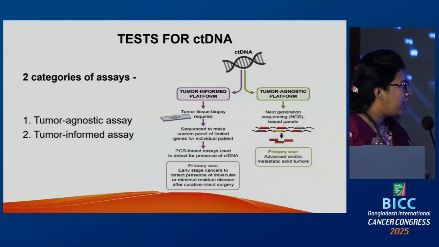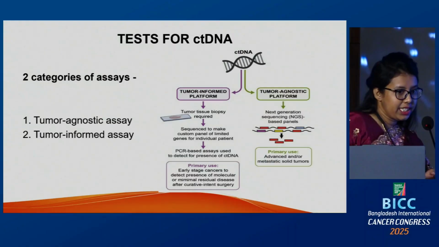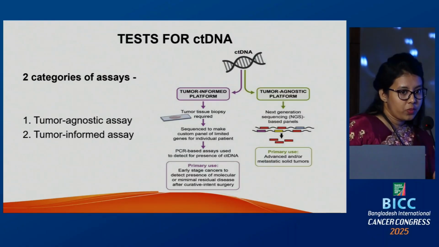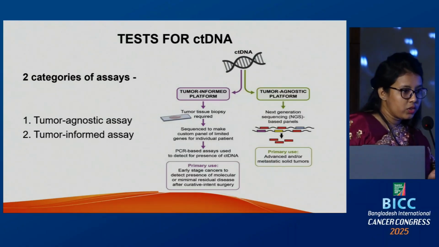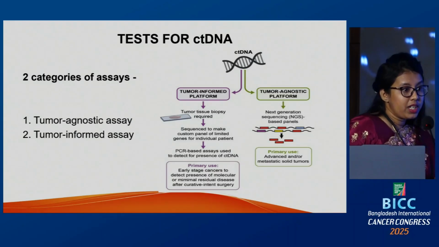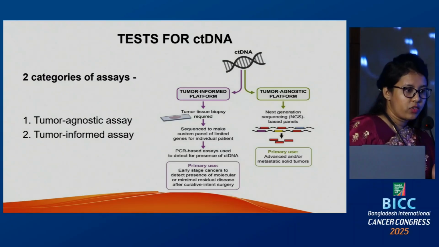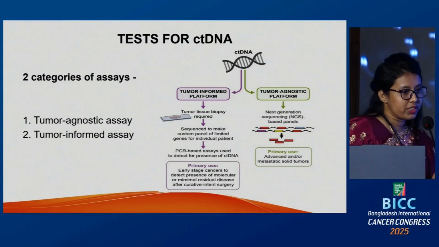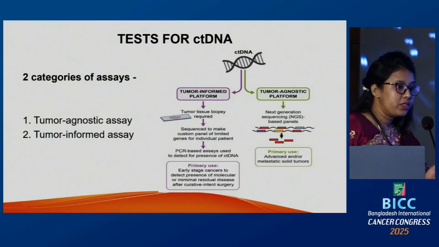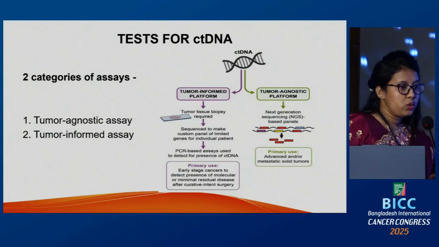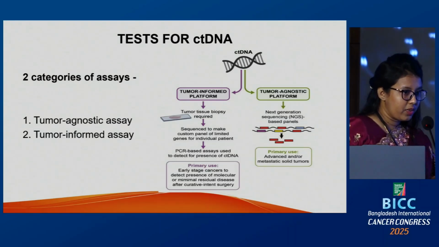So we all know that there are two categories of ctDNA assay. One is tumor-informed assay, another is tumor-agnostic assay. In tumor-informed assay, you have tumor tissue in your hand, either from biopsy or from surgical resection. First you have to sequence that tumor tissue to identify a specific mutation, like a KRAS mutation present in this tumor.